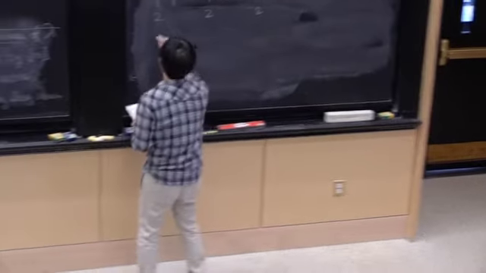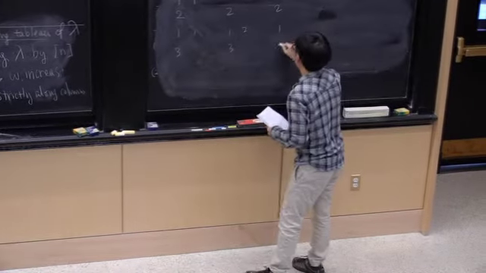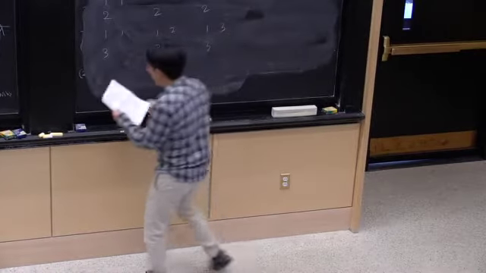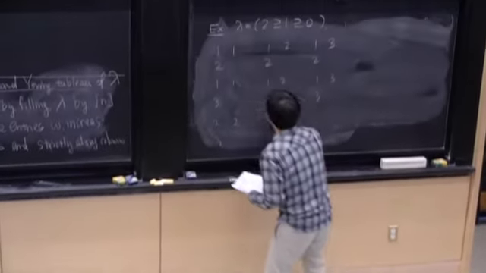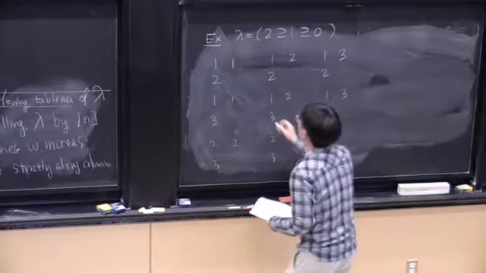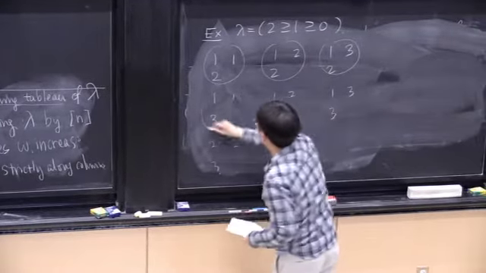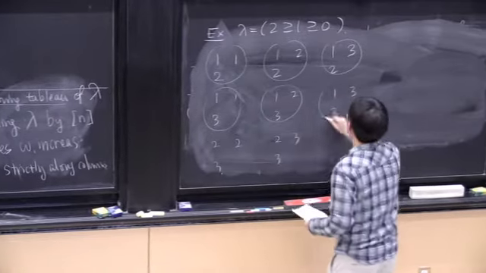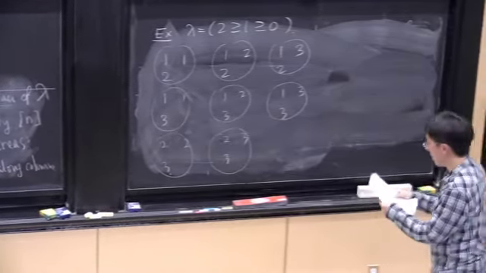And I could have 1, 3 and 1; 1, 3 and 2; and 1, 3 and 3. And I could have 2, 3 and 2; and 2, 3 and 3. So I have 1, 2, 3, 4, 5, 6, 7, 8.